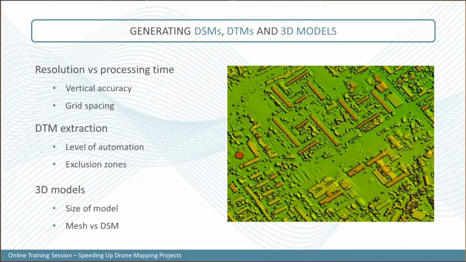Usually, the more resolution you want, the higher the processing time will be. For a typical drone project, we can generate DSMs at around 5 times the ground sample distance. If you want highly detailed DTMs or DSMs, you can use maybe 3 times the ground sample distance, but this will have an effect on the overall processing time.